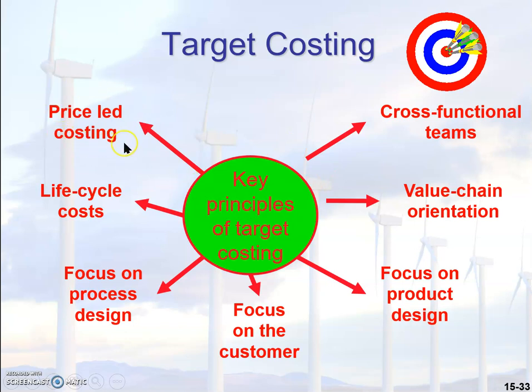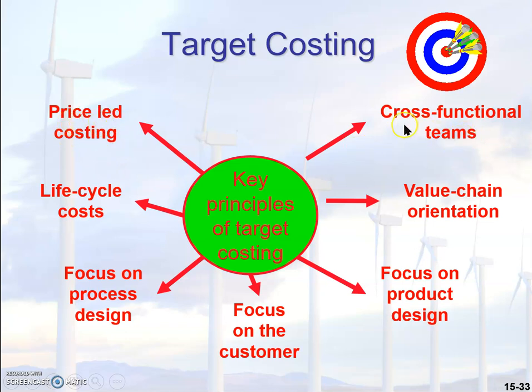It's known as price-led costing because we are starting off with the price instead of with the cost. We get the market price first, and then we compute the expected profit, and then we have the targeted cost. So that's why it is known as price-led costing.